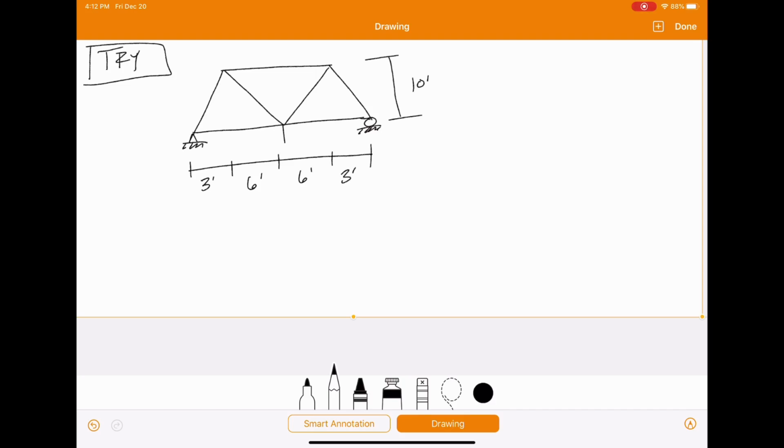And you're going to have a 10 kip load acting down at B. And this one is going to be: find the forces in all members.